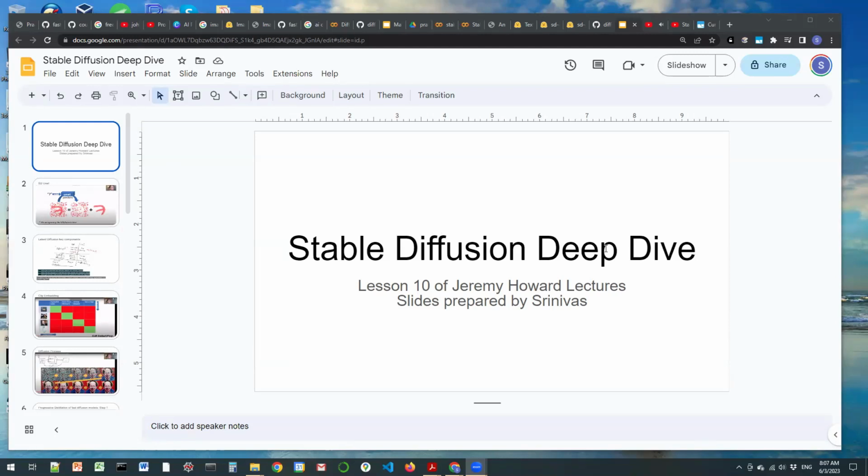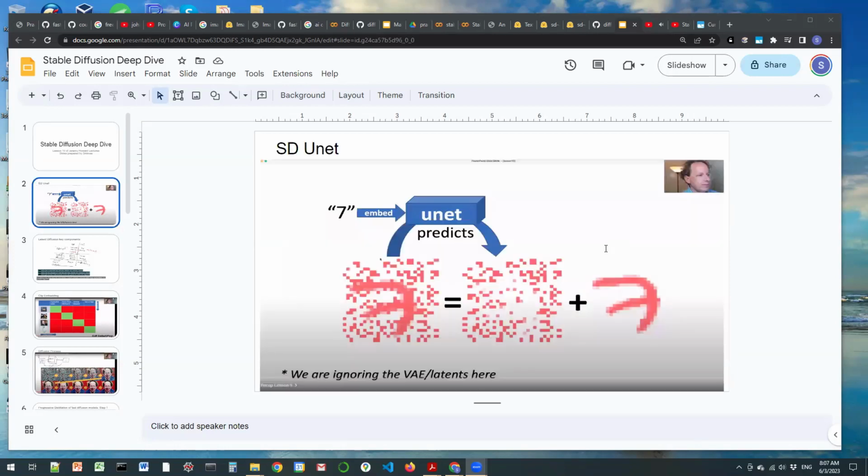So just a couple of slides on revising what we went through last week. Jeremy used this very simple example of encoded MNIST digits, which are then passed into the backbone of the stable diffusion algorithm, which is essentially the UNet.